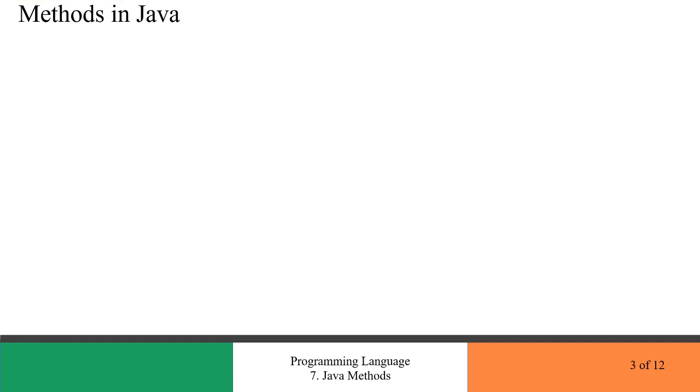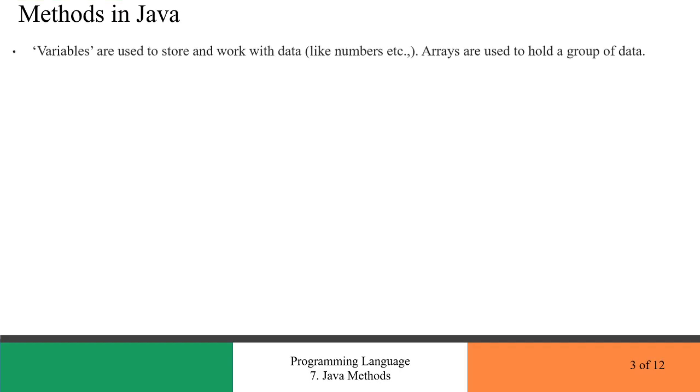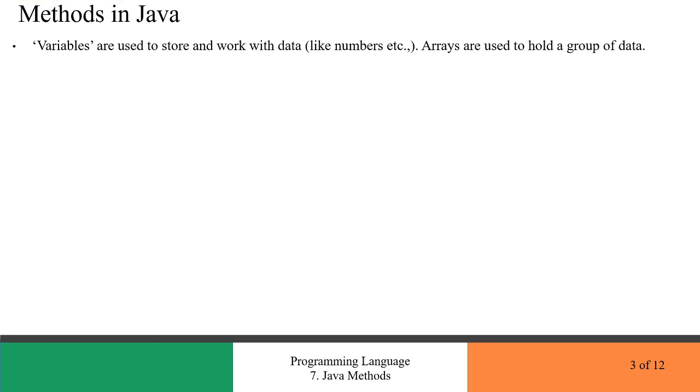Let us have a quick refresher of whatever we have covered in the earlier lessons. Variables are used to store and work with data like numbers, characters, etc. Each variable holds a single unit of data. Arrays are used to hold a group of data together.